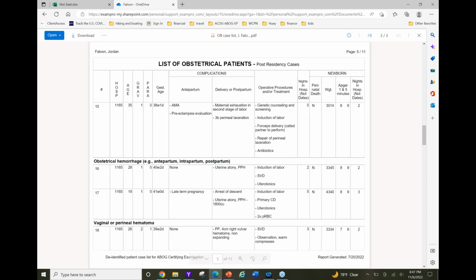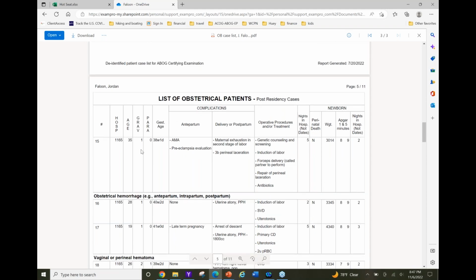Okay, let's talk about case number 15. So my first question is, why do you say forceps delivery called partner to perform? Yeah, so this was a patient who was pushing for approaching 4 hours, and at that point, maternal effort was pretty poor. She had made descent.